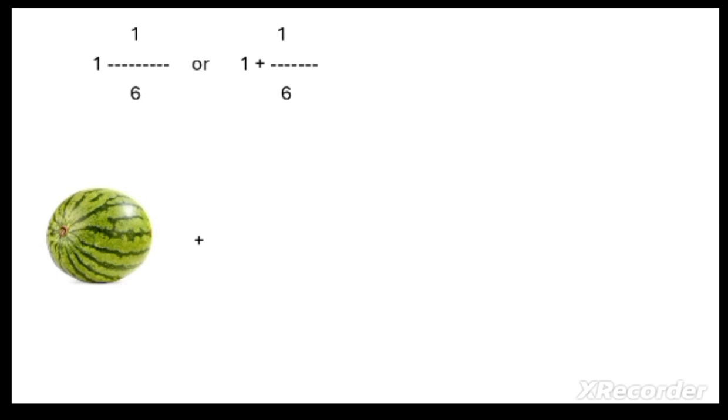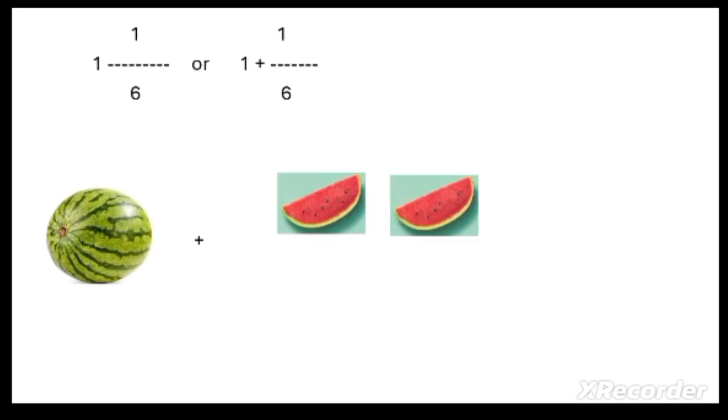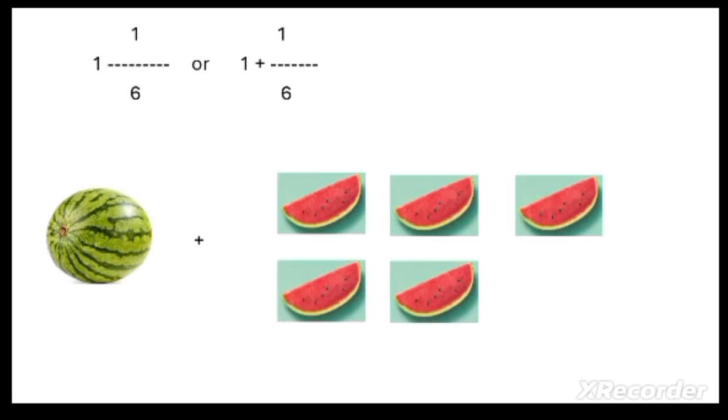I divided that watermelon into 6 equal parts. Okay, 1, 2, 3, 4, 5, 6. Okay, I gave one complete watermelon to my student, and I divided the second watermelon in 6 equal parts.